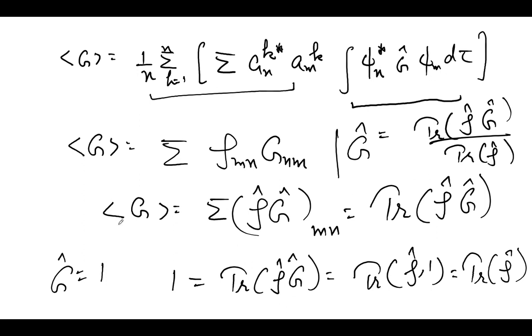This trace represents the sum of the diagonal elements of the matrix. So this is the quantum statistics and the average value of the density operator or any other physical parameters which we want to represent in terms of the density and energy functions.